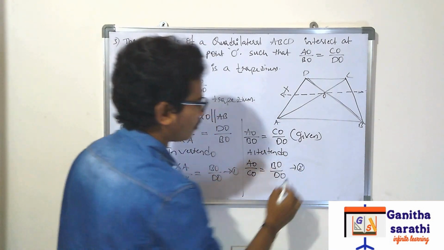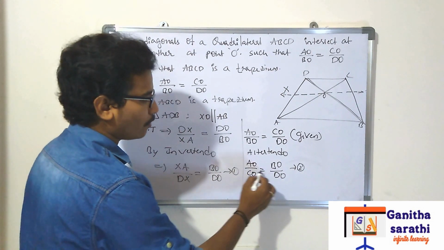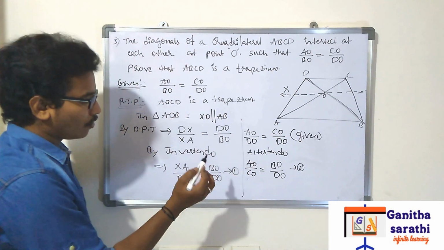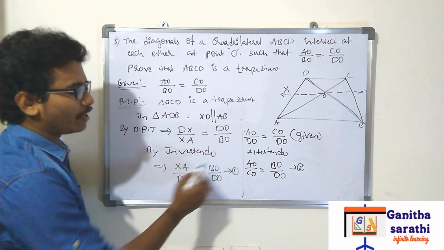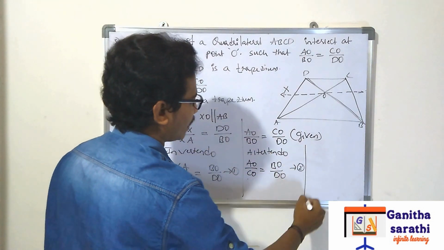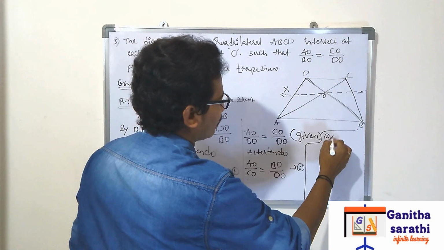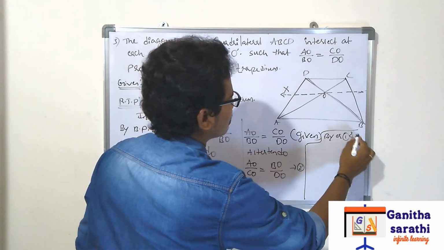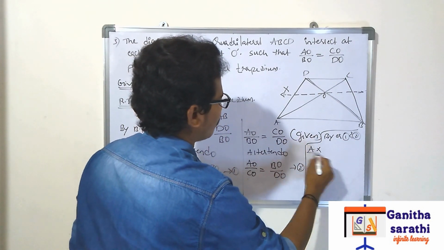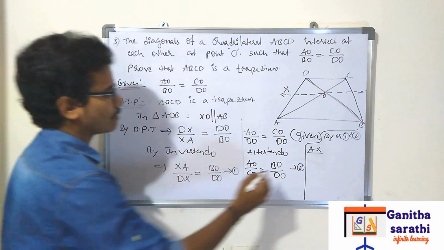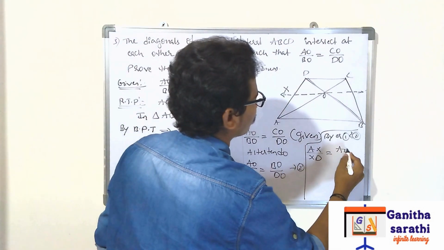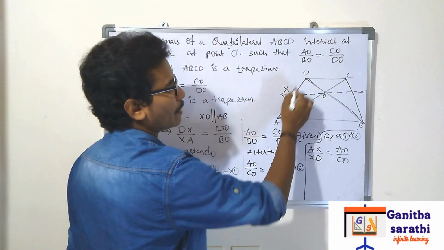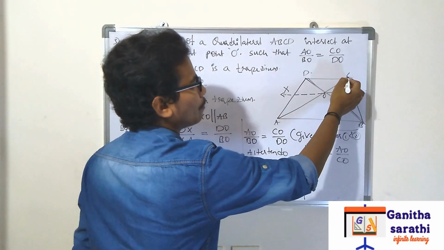This is equation number 2. So BO by DO is equal to AO by CO, and BO by DO is equal to XA by DX. So equate these two, equations 1 and 2. What can you say? AX by XD is equal to AO by CO.